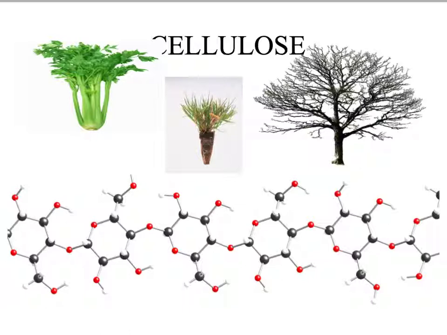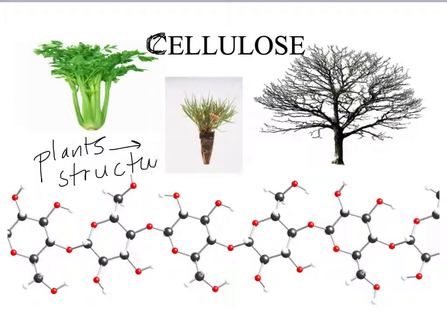Another plant polysaccharide is called cellulose. This should be a C here. Cellulose, again, as I said, is found in plants. And plants use it for structure, for building things. So I like to think of cellulose and celery together.